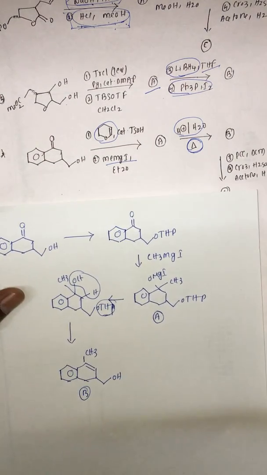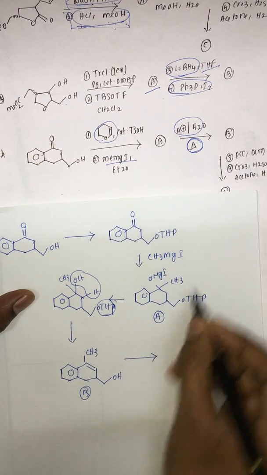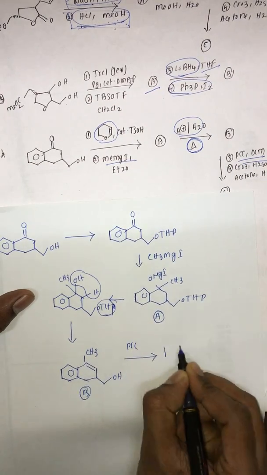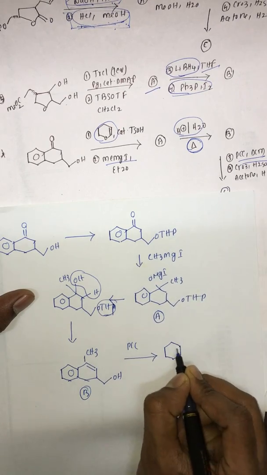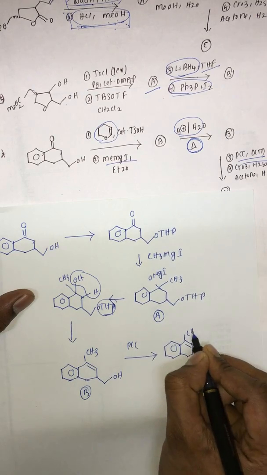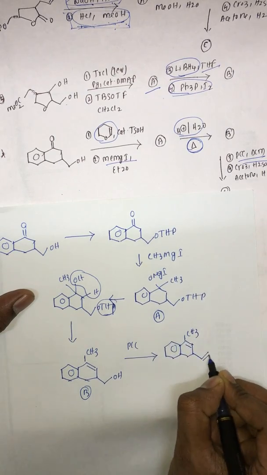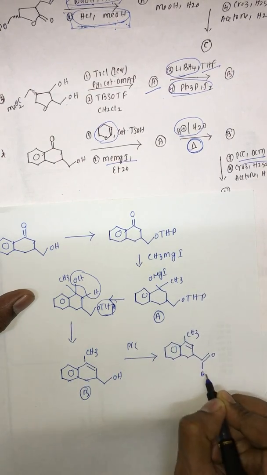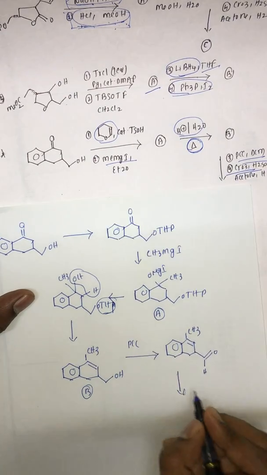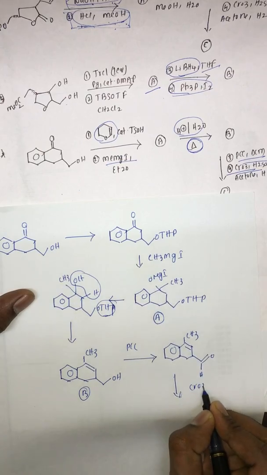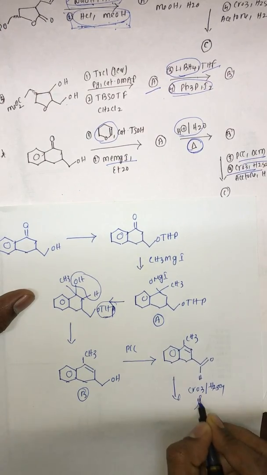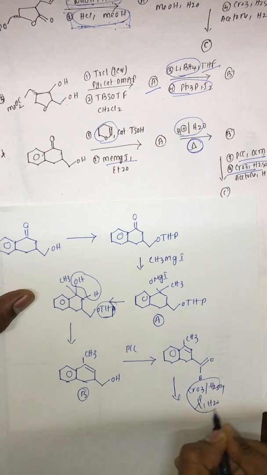Okay, so next in the third step we have PCC. This is the oxidation that takes place here. So primary alcohol converts into aldehyde. And next, in the fourth step we have chromium trioxide, H2O2 in the presence of acetone and water. So this is called Jones oxidation.